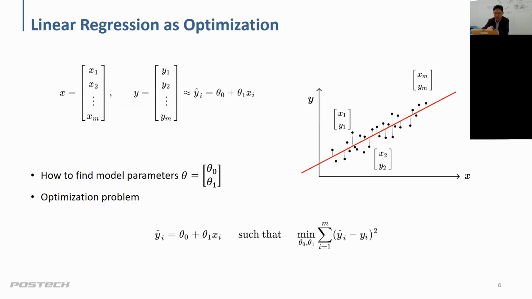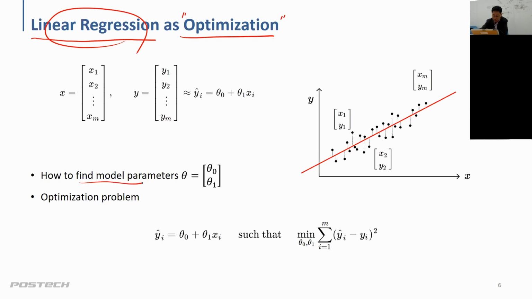And as you can see in the title, it's linear regression as optimization. Remember, in the first week, I spent some time trying to explain what optimization is. That's the reason. So here, we start with the linear regression model, and now I'm trying to turn the linear regression problem into an optimization problem.